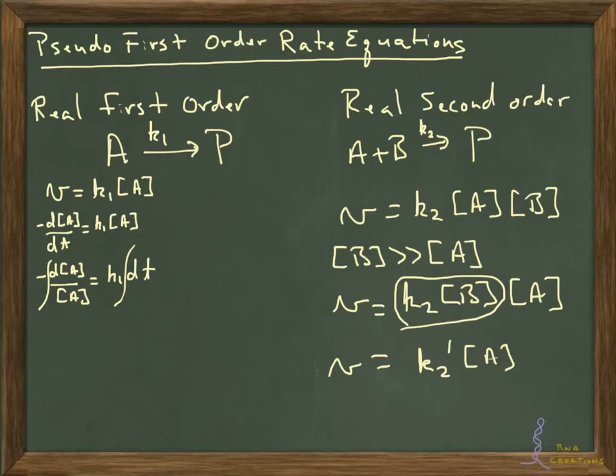So you just go from t equals 0 to some time t. And at t equals 0, the concentration of A is A naught. And at some later time, it's the concentration of A. And so it's minus the natural log of A, evaluated from A naught to A, equals K1 times T, evaluated from 0 to T.